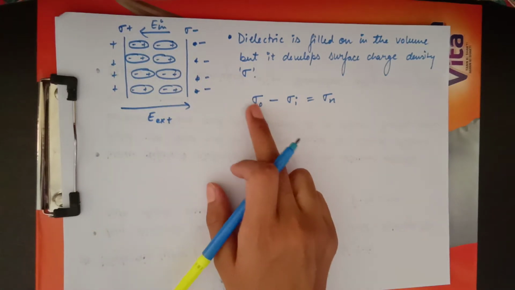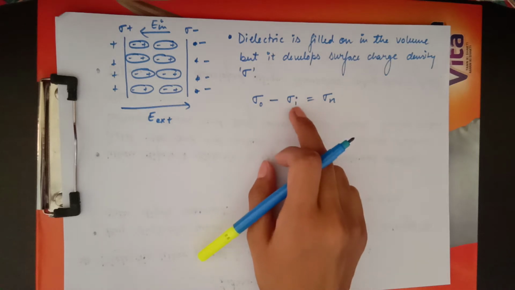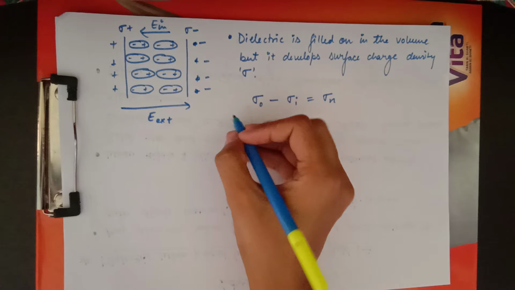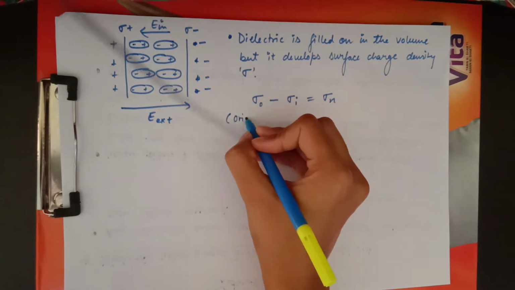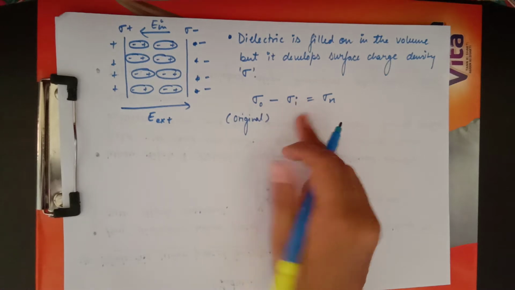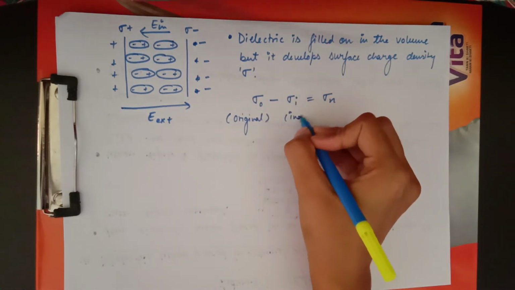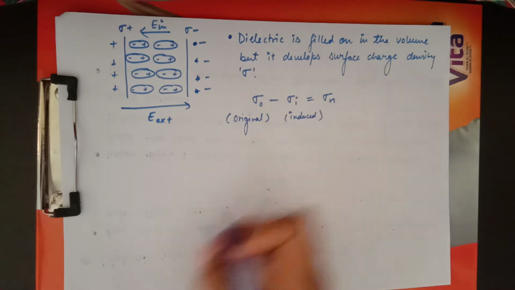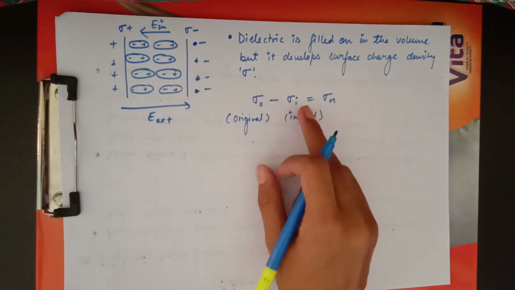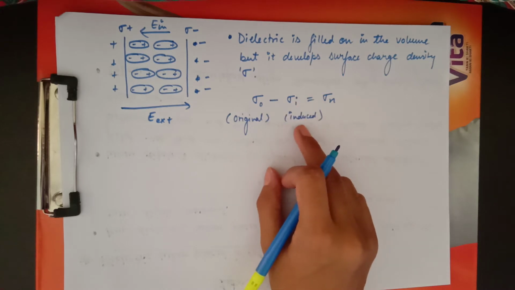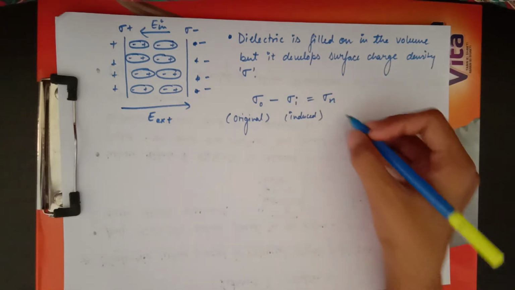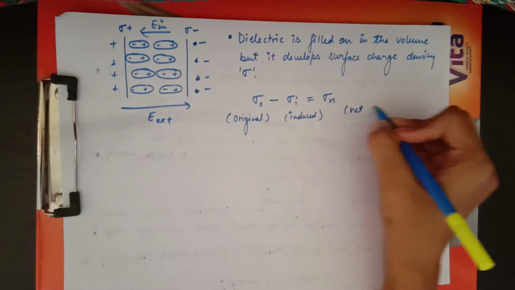So we can write sigma naught minus sigma i equals sigma n, where sigma naught denotes the original surface charge density, and sigma i denotes your induced surface charge density. Means original surface charge density belongs to E external, sigma i belongs to E induced, and sigma n is the net surface charge density.